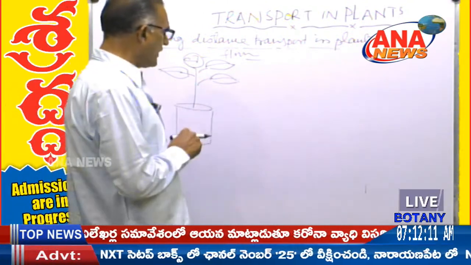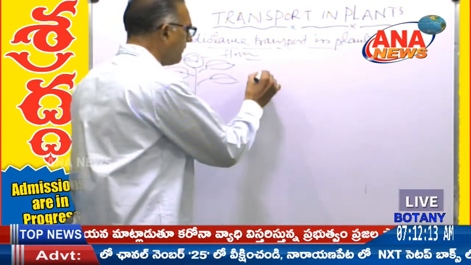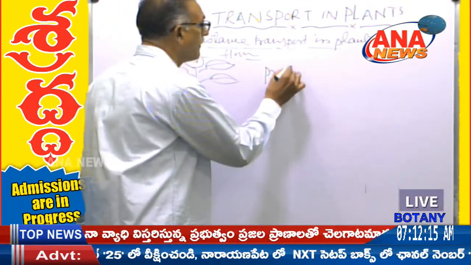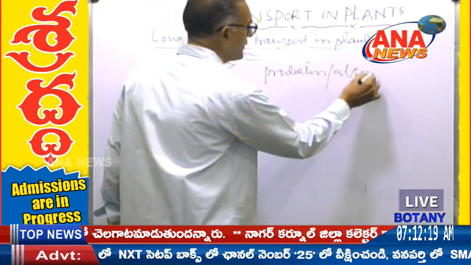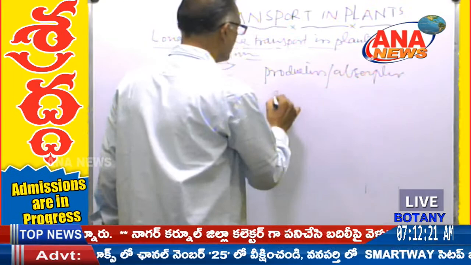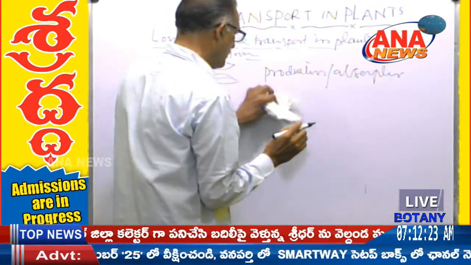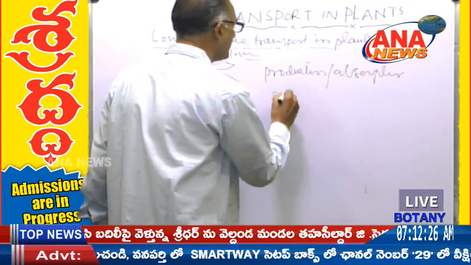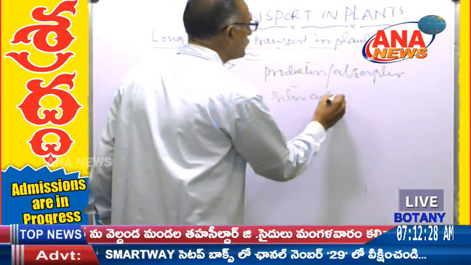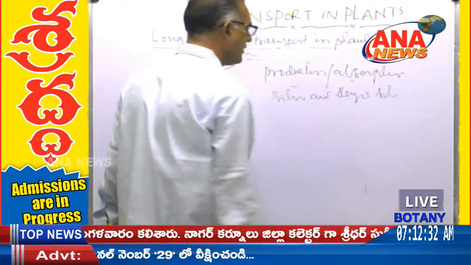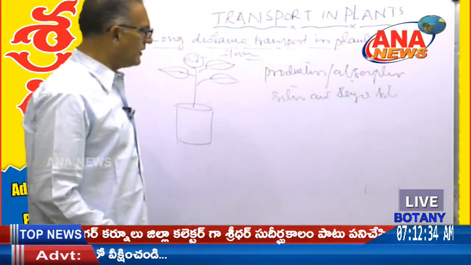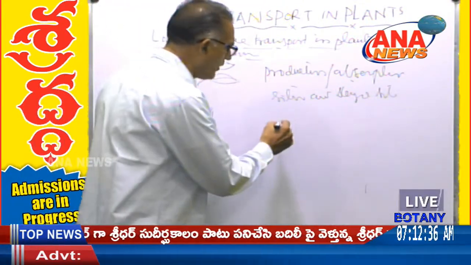In complex organisms, the production or absorption sites and storage sites are far away from each other.